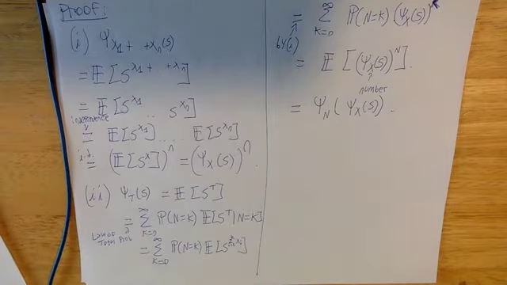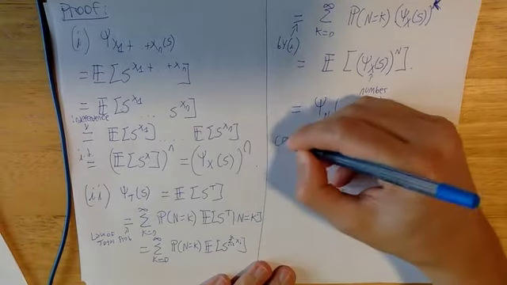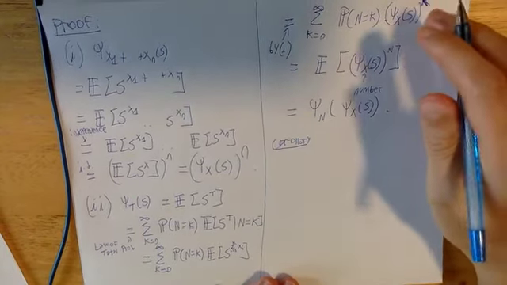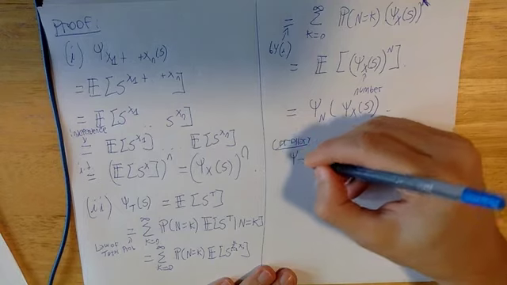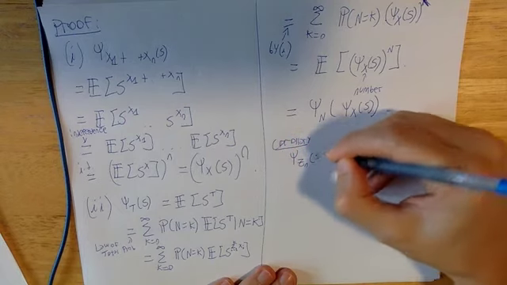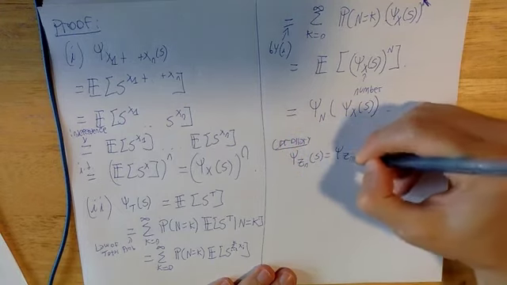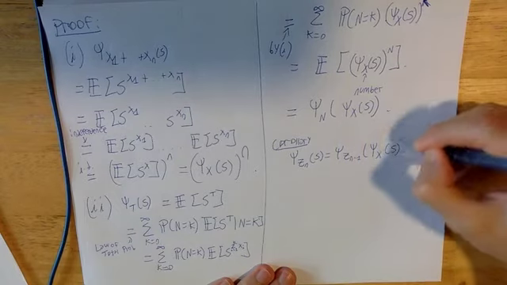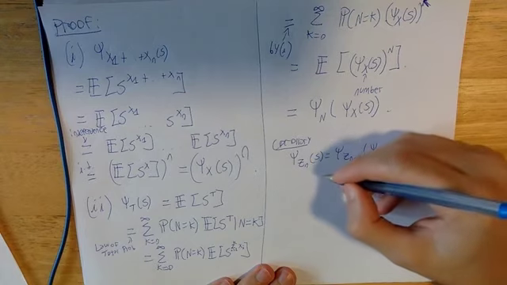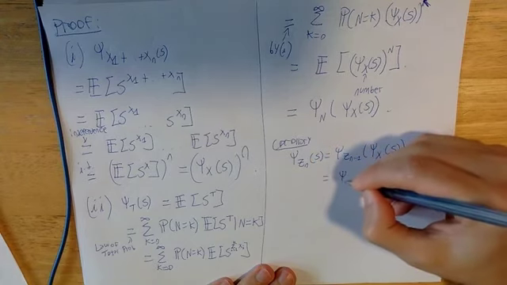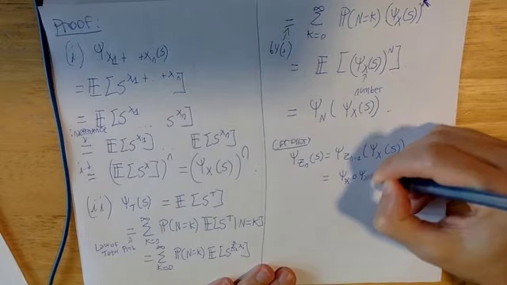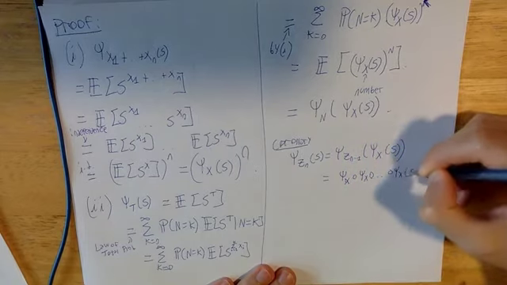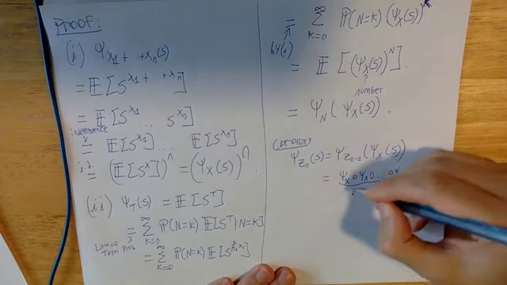Okay, so using what we are saying, the corollary is that phi of zeta n of s is equal to phi of zeta n minus 1 evaluated at phi x of s, which implies that this is equal to phi x composed with phi x composed with phi x at s, n times.